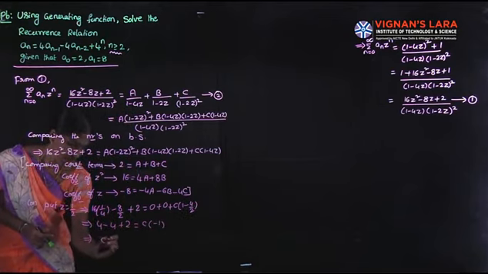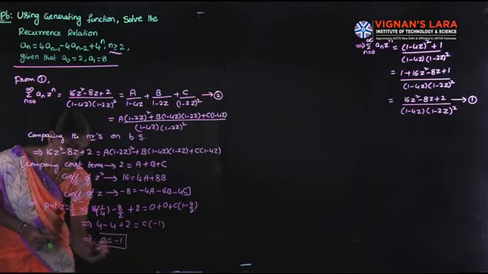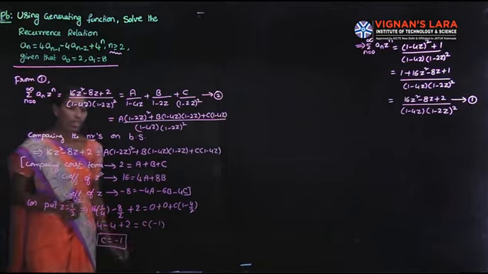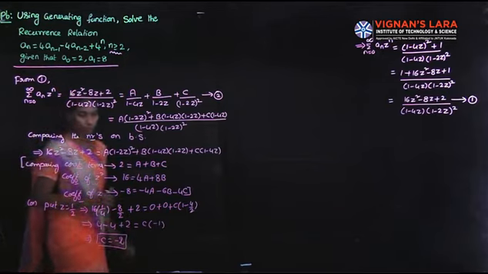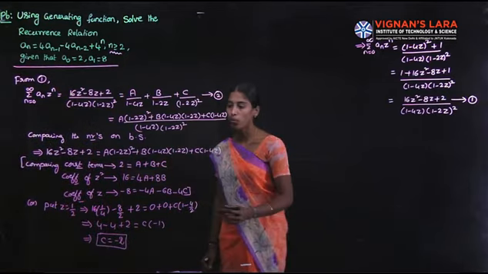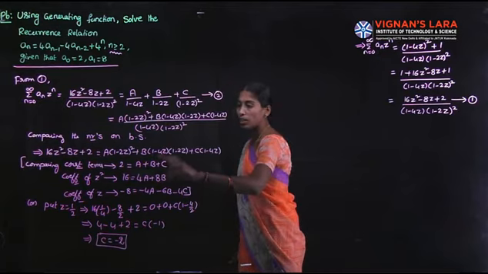So, what is the c value? C value is minus 2. Right?